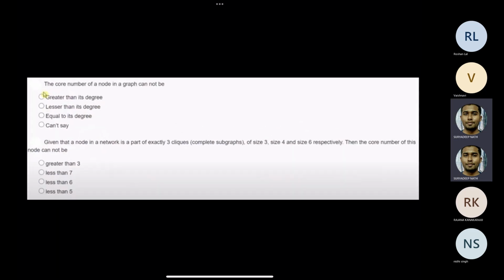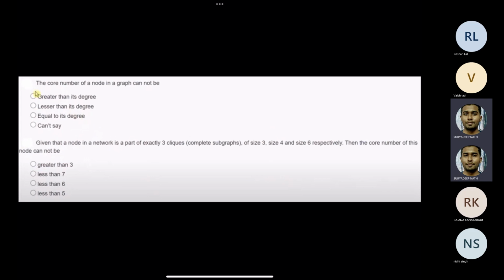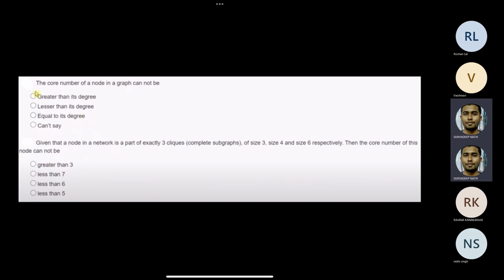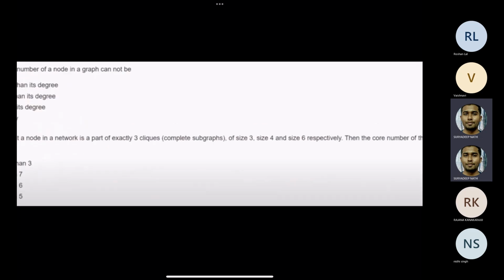Okay, sir. The second one: given that a node in a network is part of exactly 3 cliques, complete subgraphs of size 3, size 4, size 6, then the core number of this node cannot be.